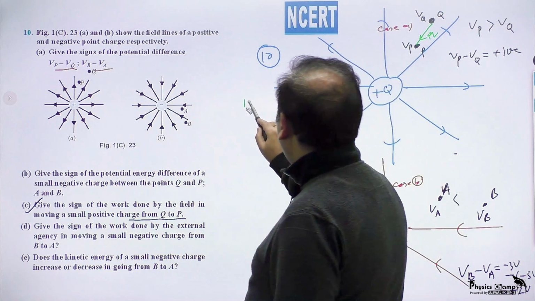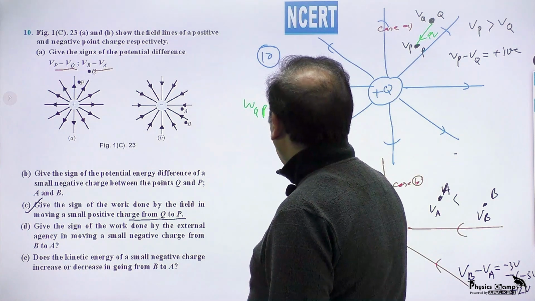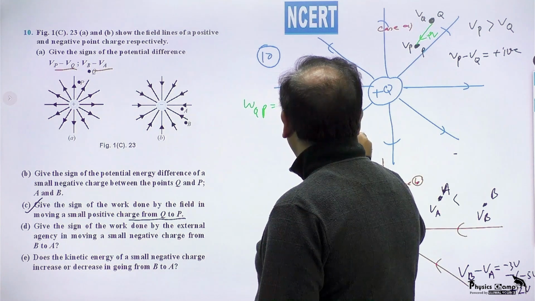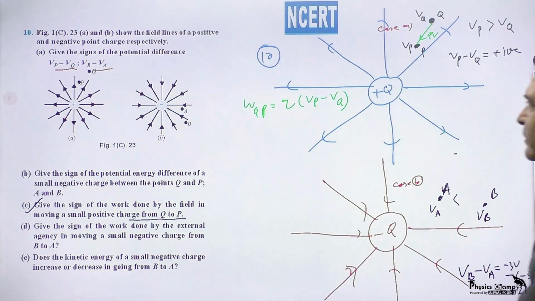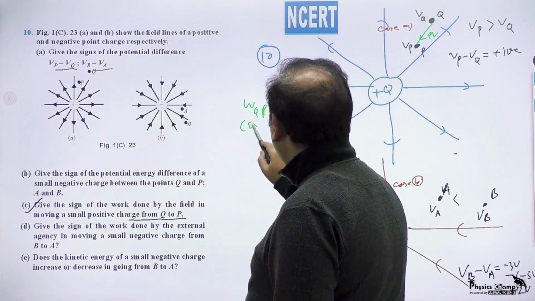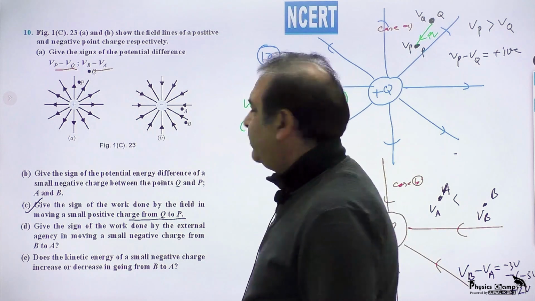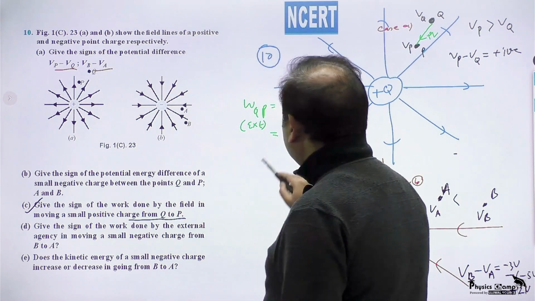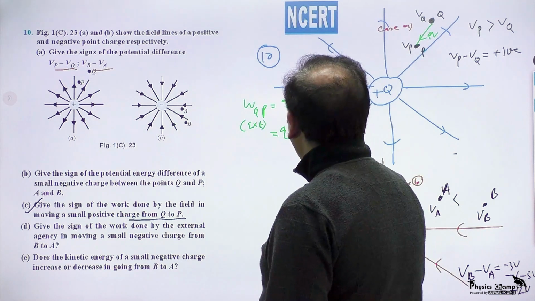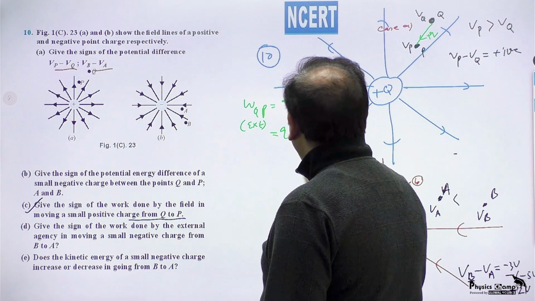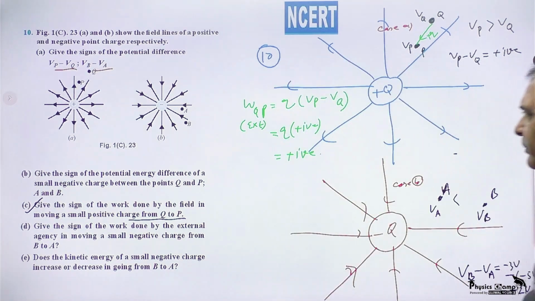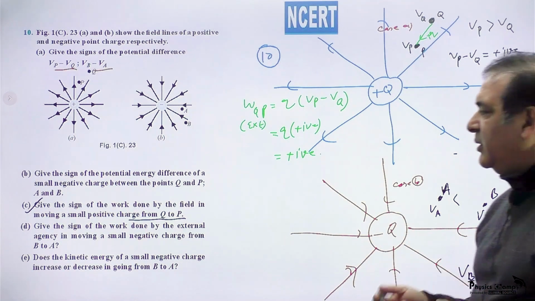Work done to move a charge from Q to P will be Q into Vp minus Vq, and this is actually the external work required. So charge is positive and we know Vp minus Vq is positive. So we are getting positive work.